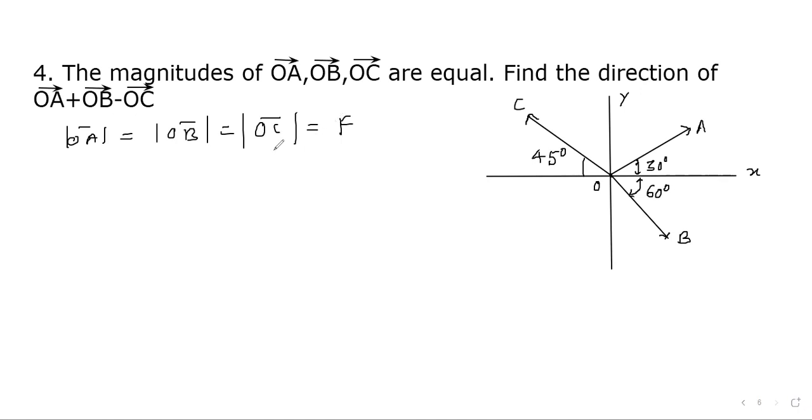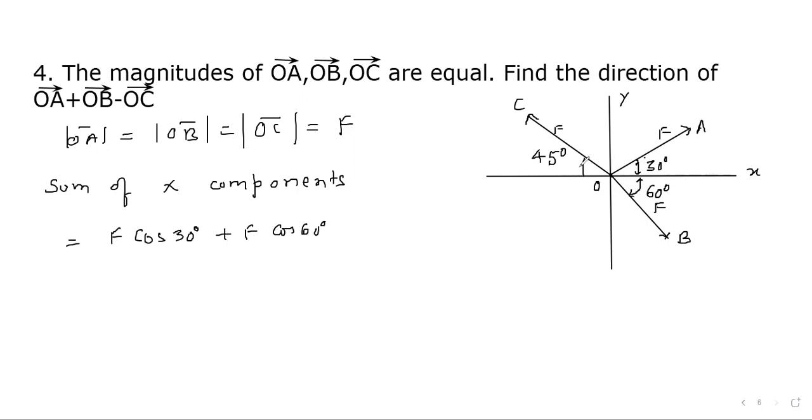Now we consider the sum of X components. Each value is F. This is F, this is F. So it will become F cos 30 degree for this plus F cos 60 degree for this, and for this it will be negative. But we have to find OA plus OB minus OC, so we are taking the X component of this.